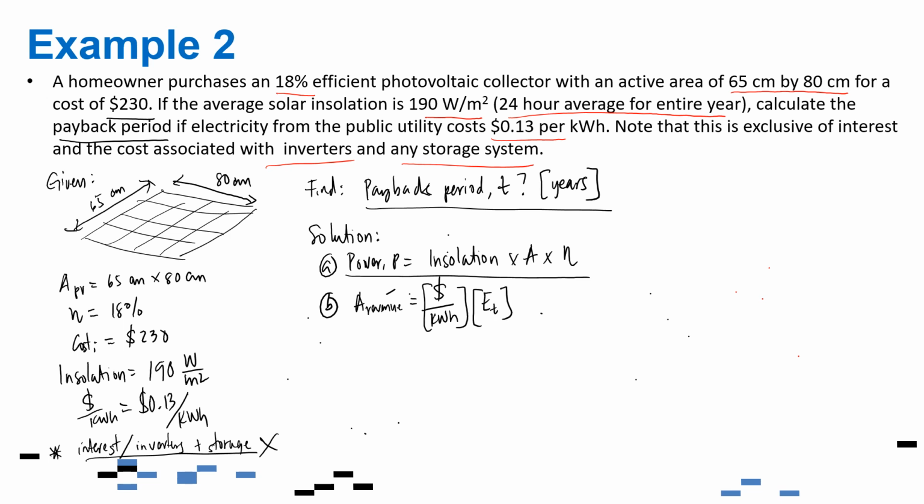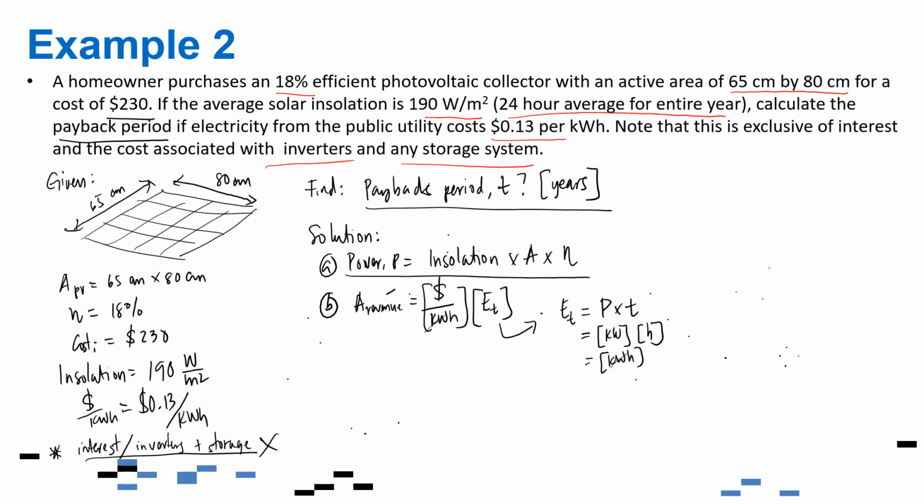E sub T, the total energy produced by the solar PV, is in terms of kilowatt hours. E sub T is equal to the power times time. Power in kilowatts times hours becomes kilowatt hours, so we can cancel the units and get dollars.